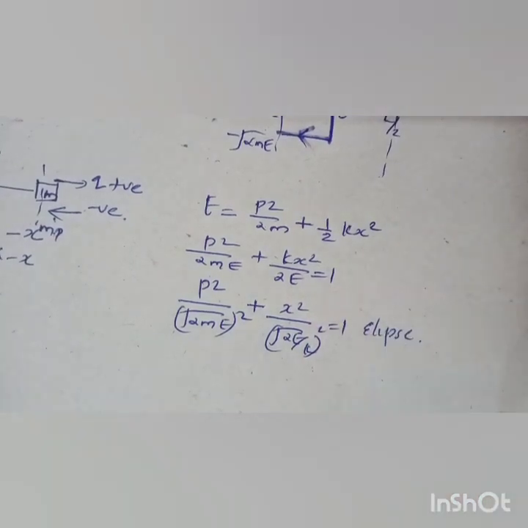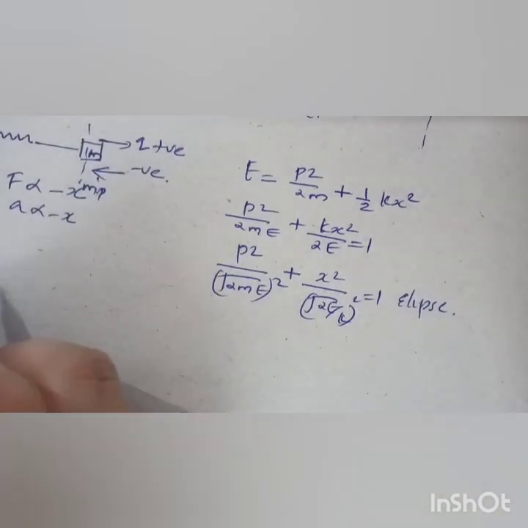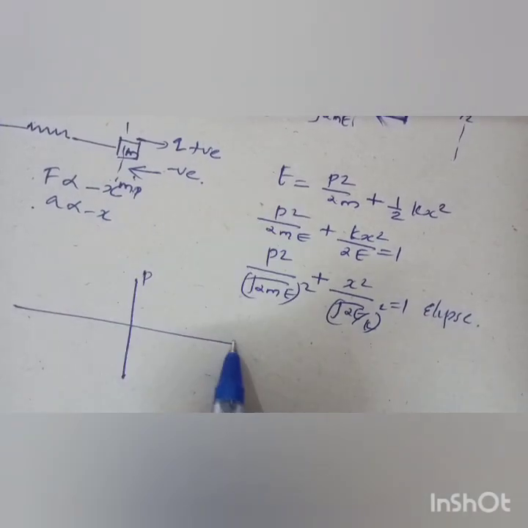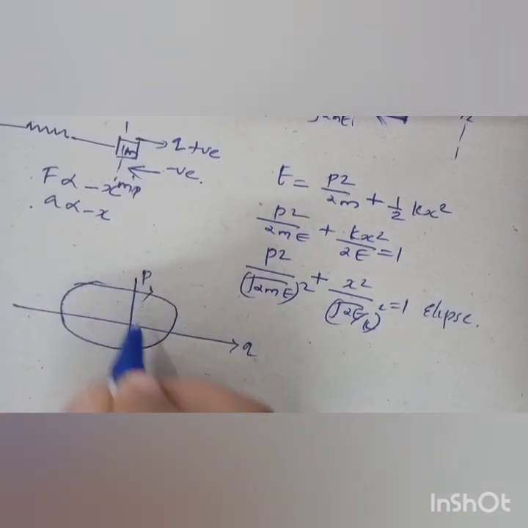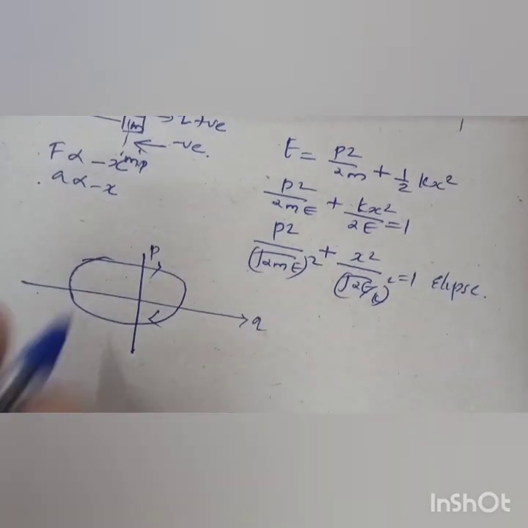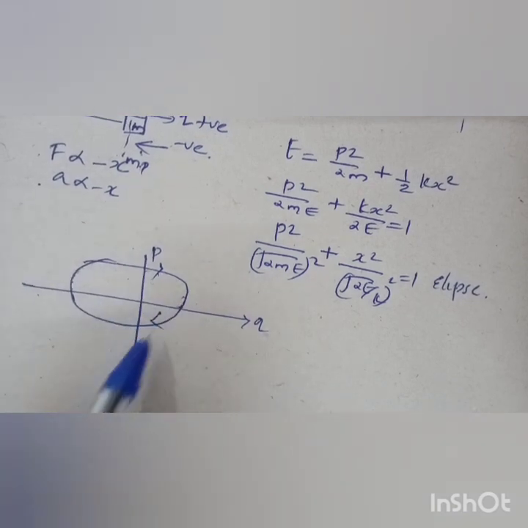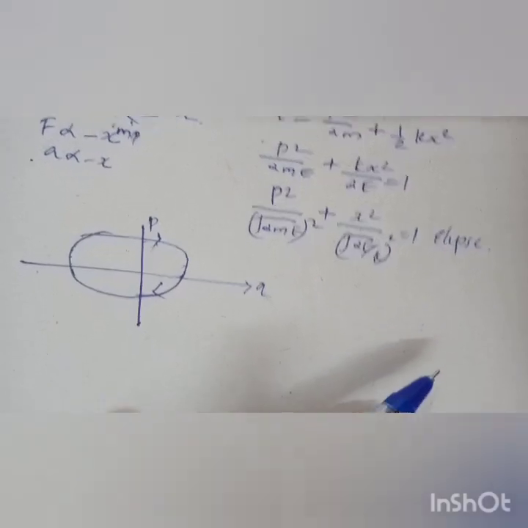So the phase space of a linear harmonic oscillator is an ellipse. This is the p axis and this is q. Since q is positive here and p is negative, we consider a clockwise ellipse as the linear harmonic oscillator phase space.